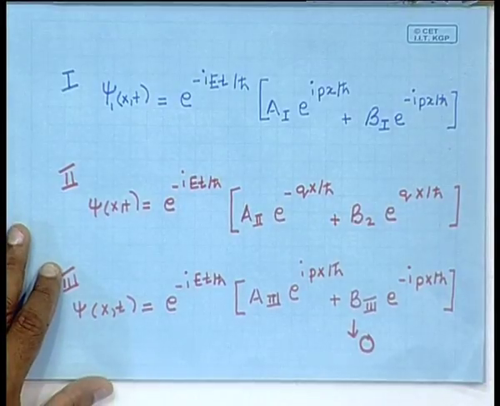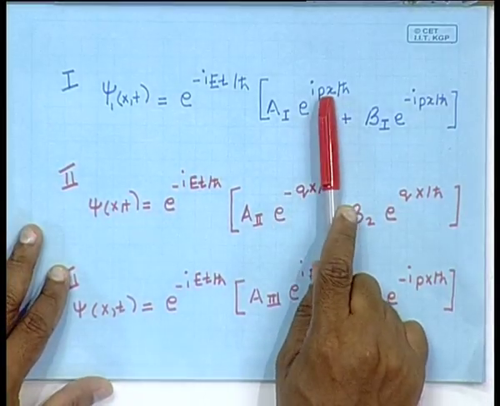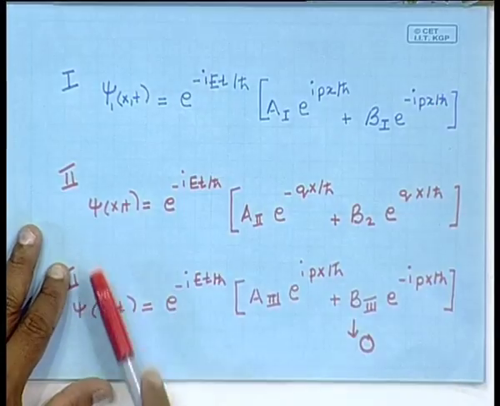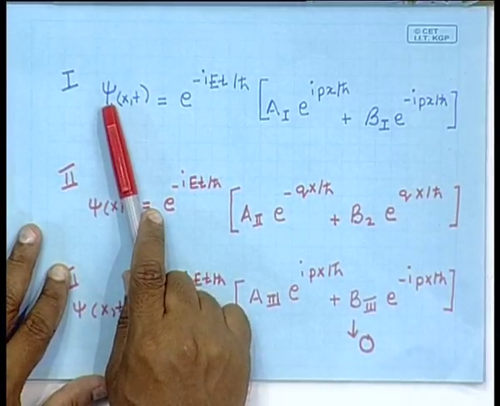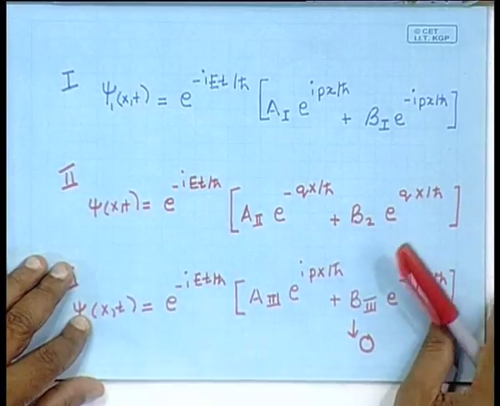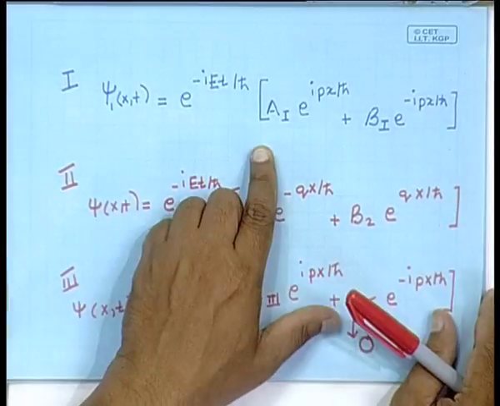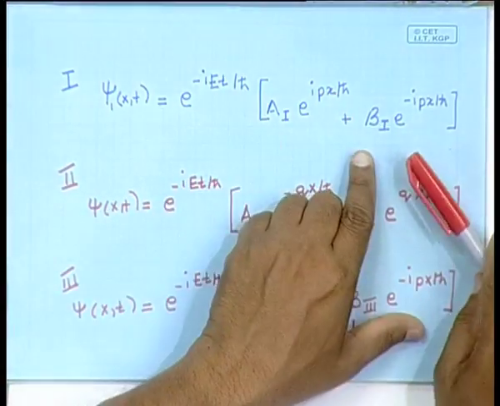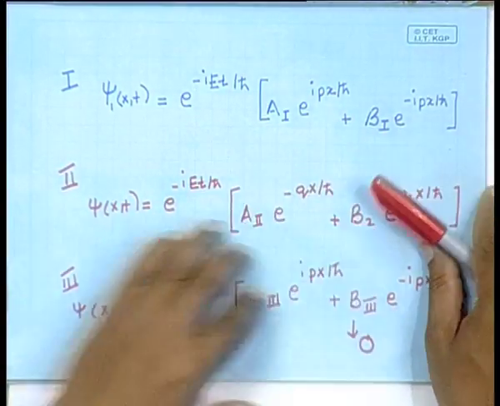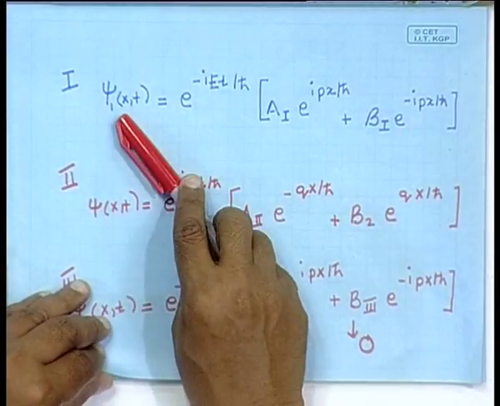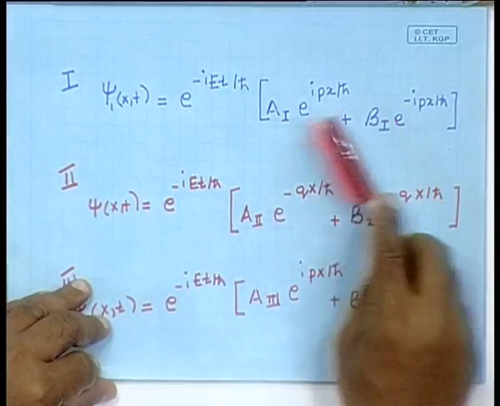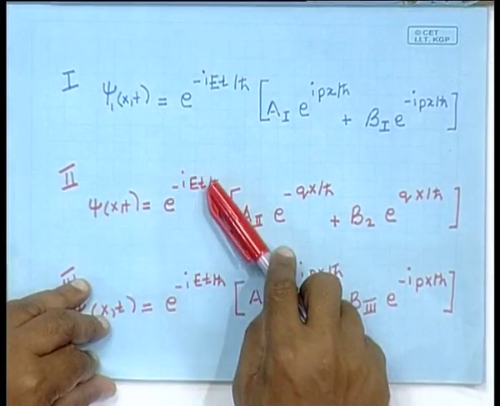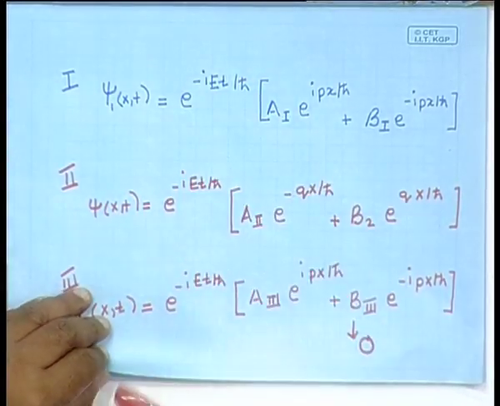So, let us set x equal to 0 in psi 1. If I set x equal to 0, this becomes a1, this becomes b1. So, at x equal to 0, psi 1 is a1 plus b1. I am not bothering about the time part because it is exactly the same for all 1, 2 and 3.